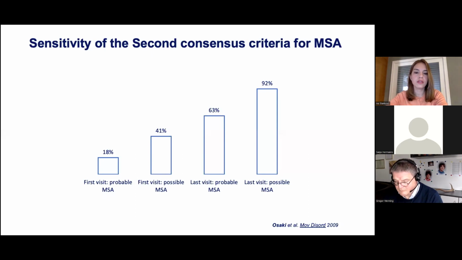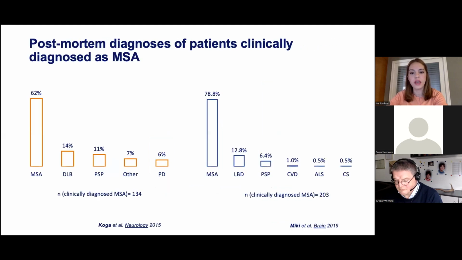Although the second consensus criteria were widely used for the past 14 years as the diagnostic gold standard for MSA diagnosis, validation study of these criteria revealed that they have poor accuracy, poor sensitivity at early disease stages, which ranges from 80% for probable MSA to 41% for possible MSA at first neurological visit.